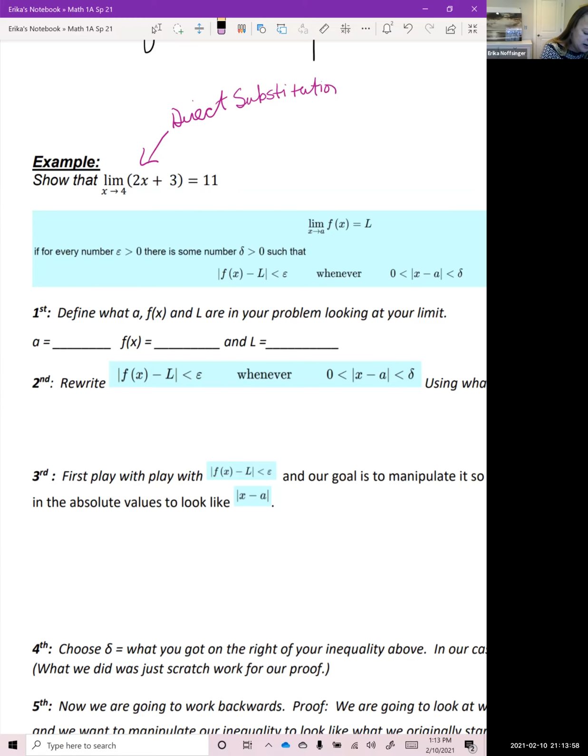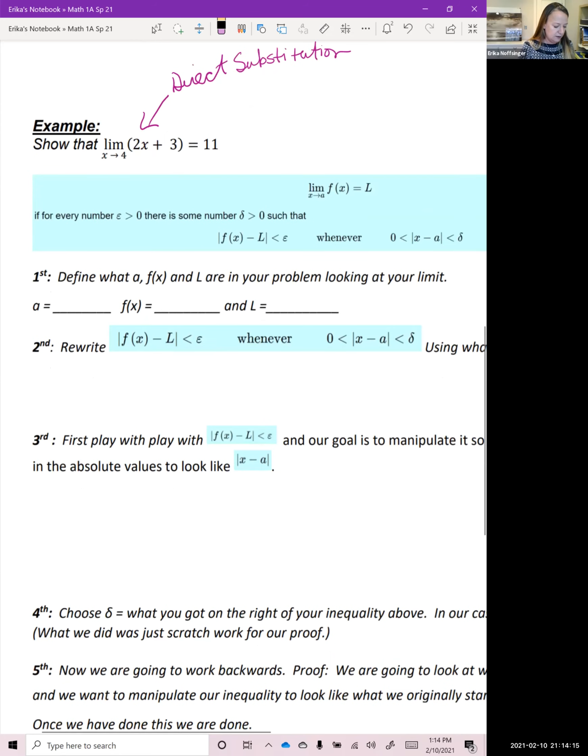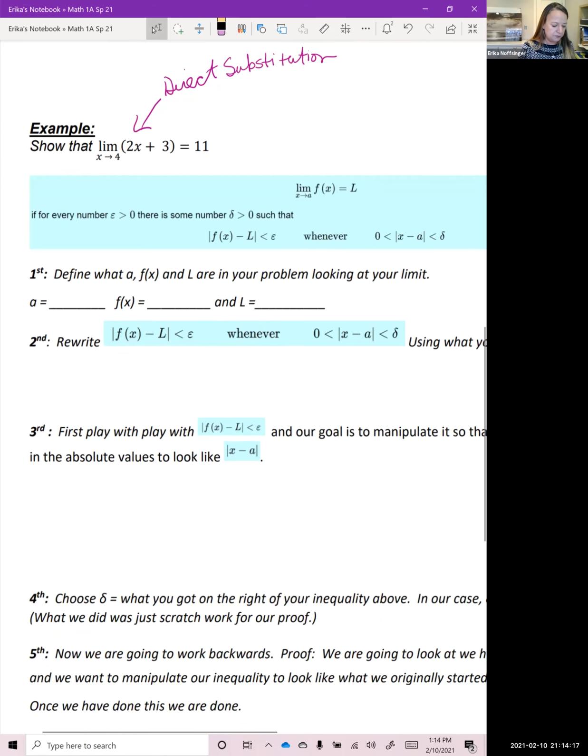If we plugged in a 4 wherever we saw an x, we would have 2 times 4 is 8, plus that 3, 8 plus 3 is 11. So we can see with direct substitution that we should get that limit is 11. But we want to go through now and prove this mathematically using the delta epsilon proof.